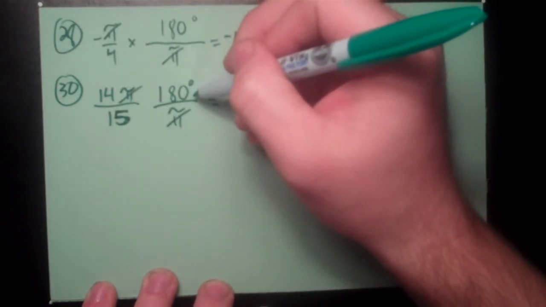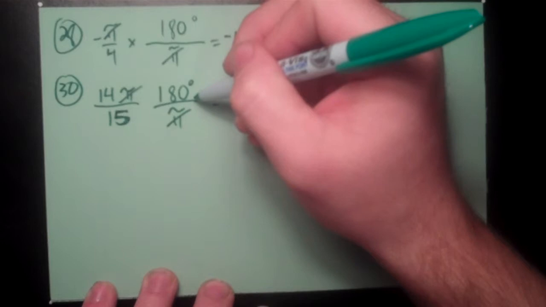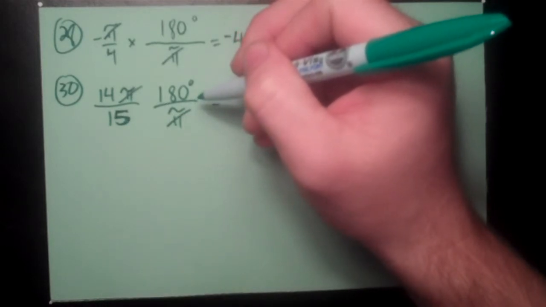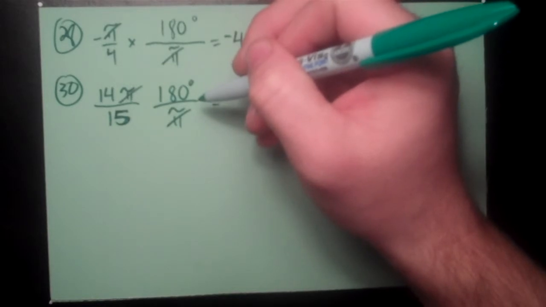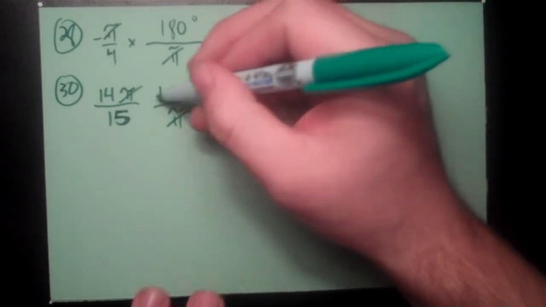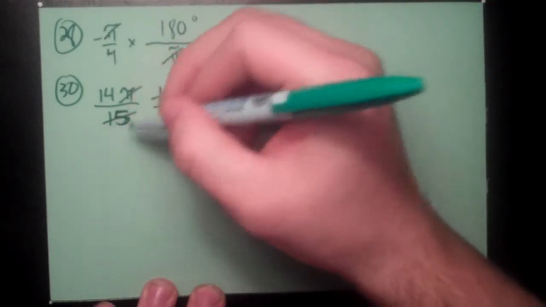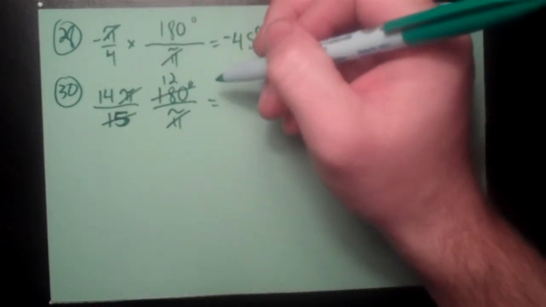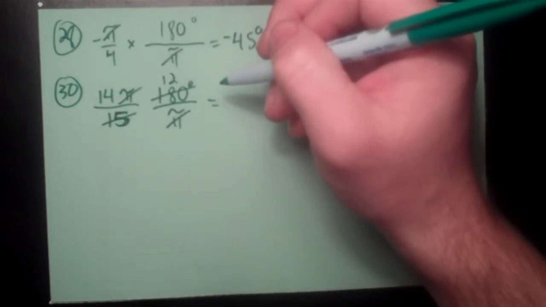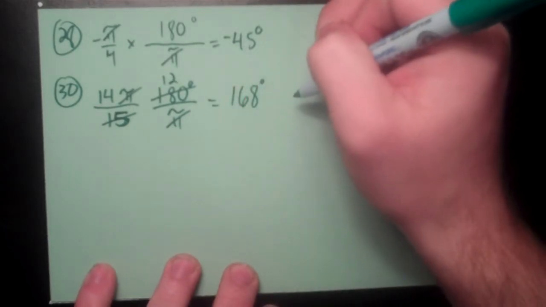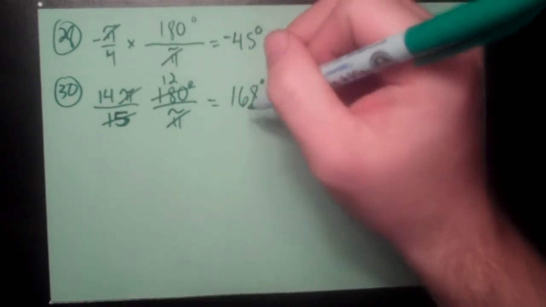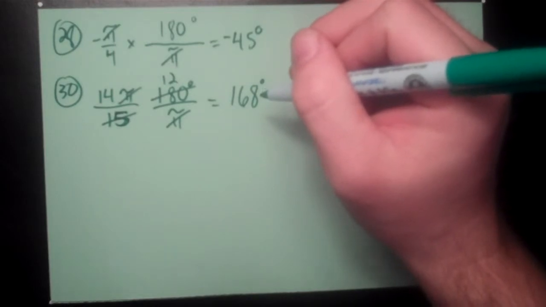I think 15 goes into 180 12 times. 180 divided by 15, yeah, 12. So this is completely canceled out. This is 12, and 12 times 14 is 168 degrees. So pretty close to 180 degrees like we thought.